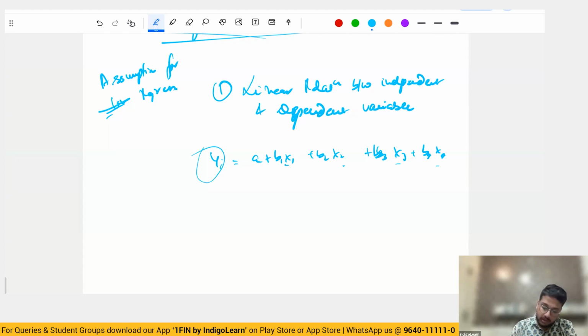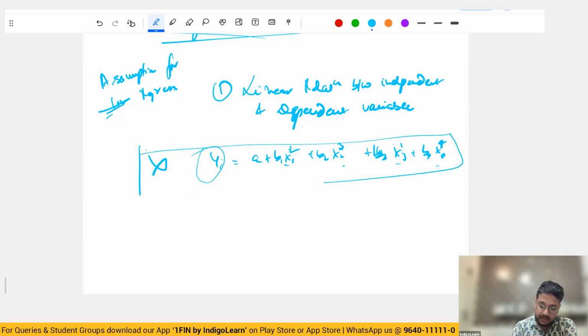Linear how? Because the power of the X's over here is just 1. Let's say if I change it to X squared, X cubed, X raised to power 4, now this is becoming more of a parabola kind of thing. This is no longer a linear relationship for us, so it cannot be used for multiple regression.